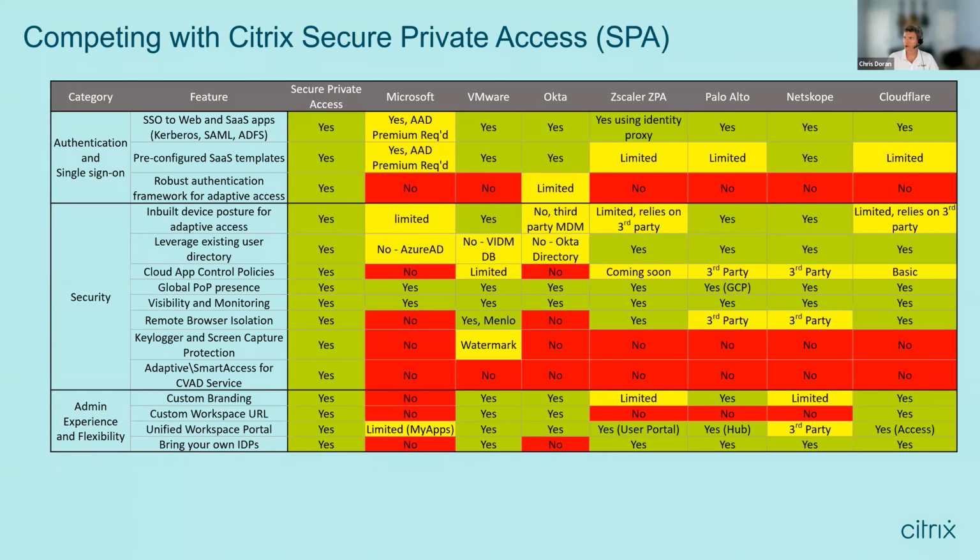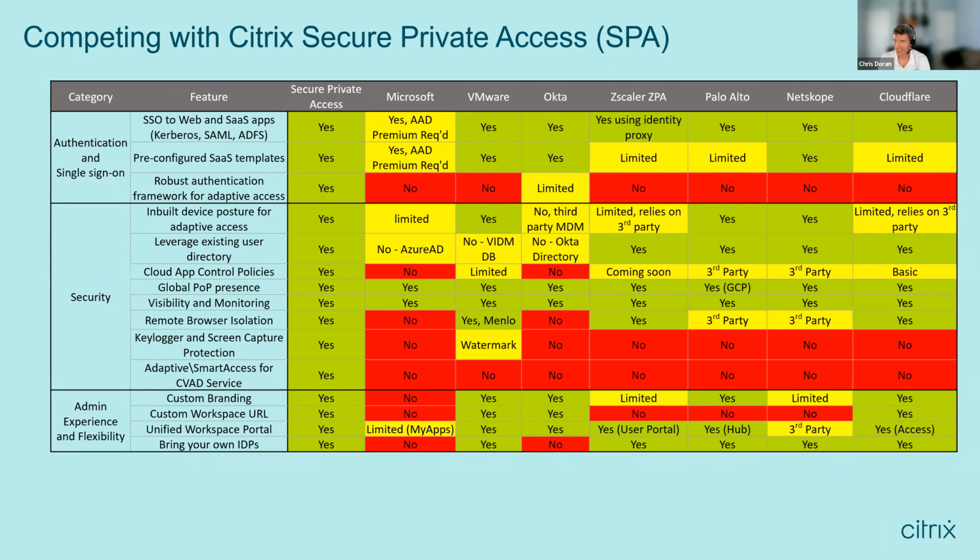So here's how you stack up against some of the other zero trust providers. Looking at this matrix, it seems like you've got everything checked off. SPA, right down the board, green on everything, whereas Microsoft is lacking pretty heavily, which doesn't shock me.